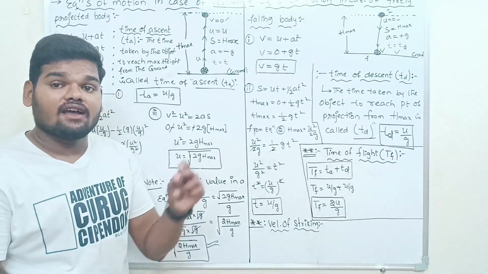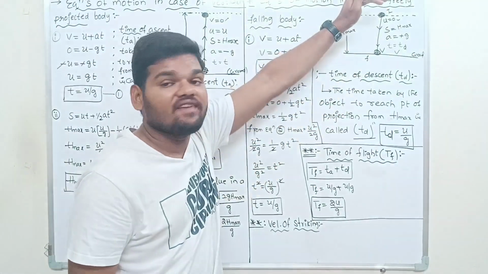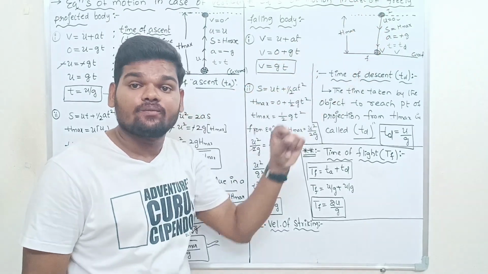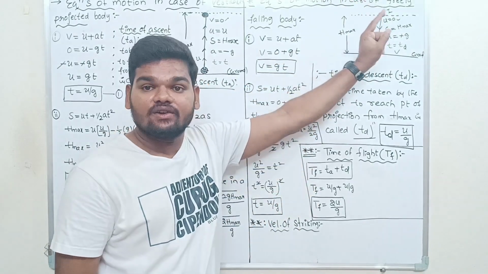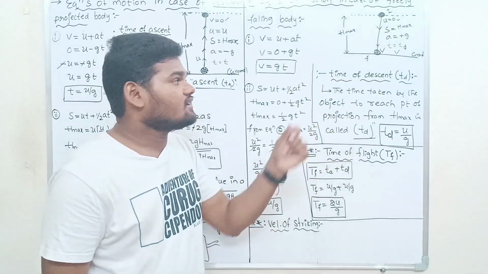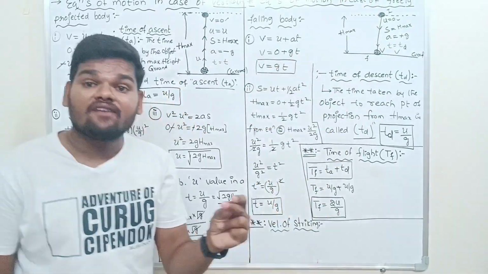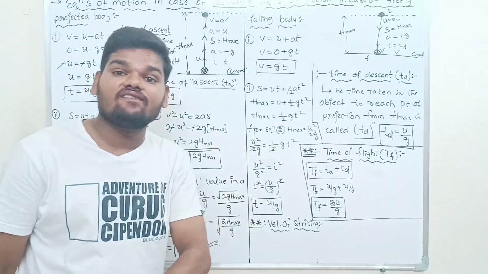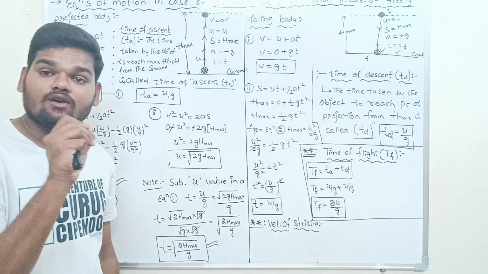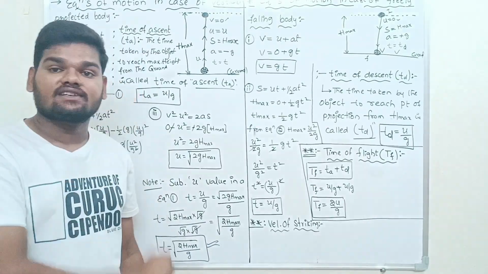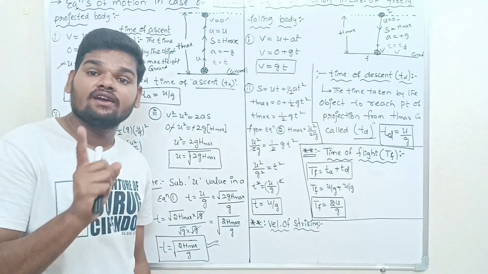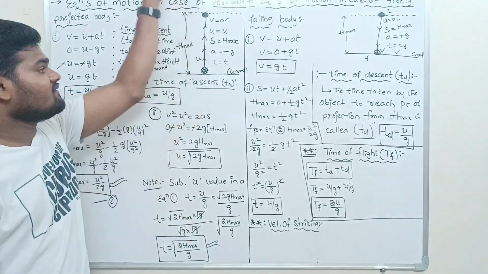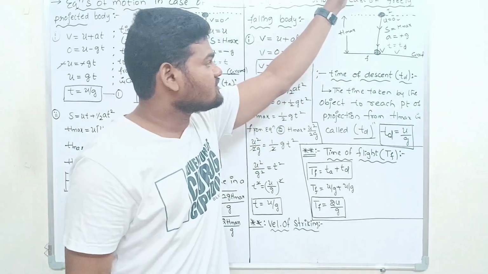And again the object starts moving under gravity. That means the object is freely falling towards the ground with initial velocity 0, and it strikes the ground with some final velocity. That final velocity is called the velocity of striking. So this is the velocity of projection, and this is the velocity of striking.